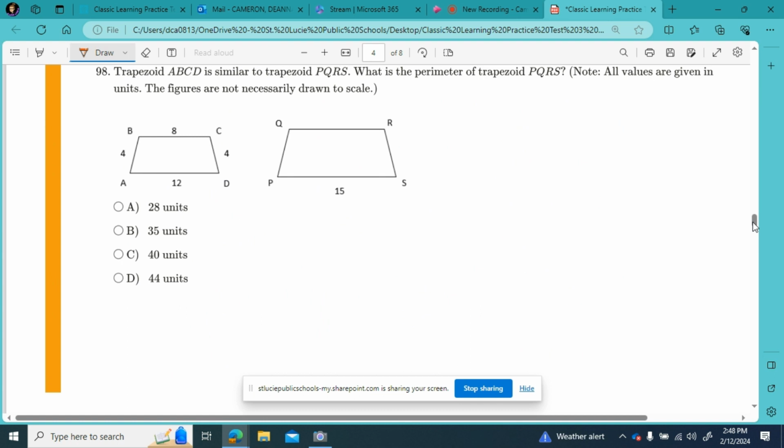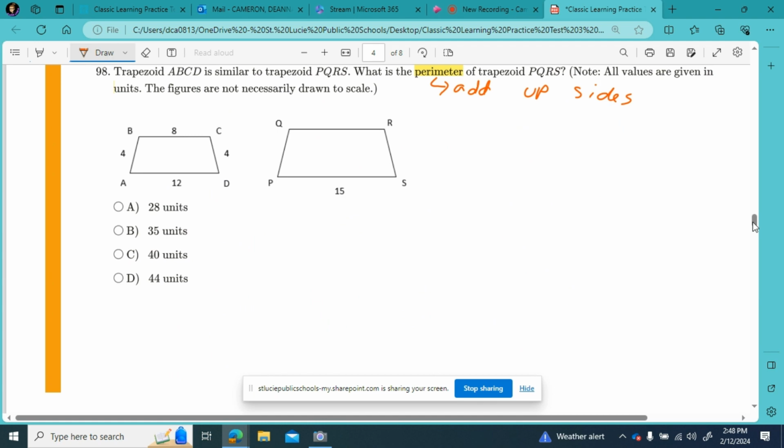And our key word here, perimeter. This is another thing that we wrote on our reference sheet in class. Our perimeter is just telling us to add up all the sides. So if across here is 15, right?